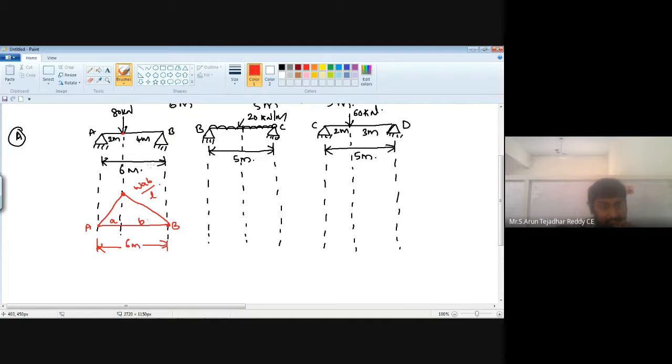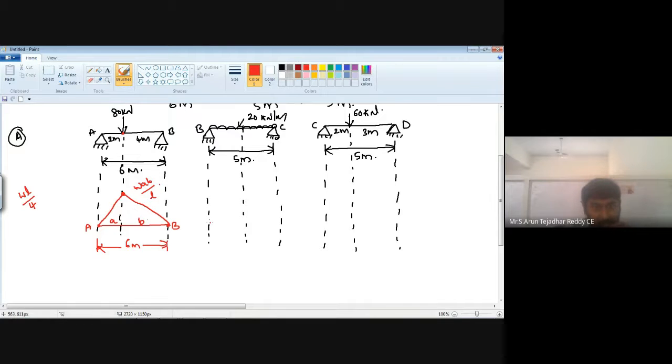Suppose it is a symmetrical structure, then it is W L by 4. So this is the difference between unsymmetrical and symmetrical. This applies to the triangle shape, not all the shapes, only the triangle shape.